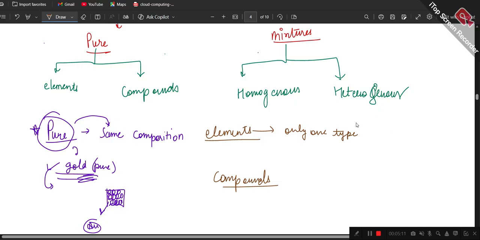Therefore, their physical and chemical properties would be the same as the participating particles. For example, if I have these molecules and they're combining, there is a certain property shown by these molecules, and when they combine together to form an element, this element as a whole is going to show similar properties as these independent molecules. So this is what an element is. Elements have the same composition.